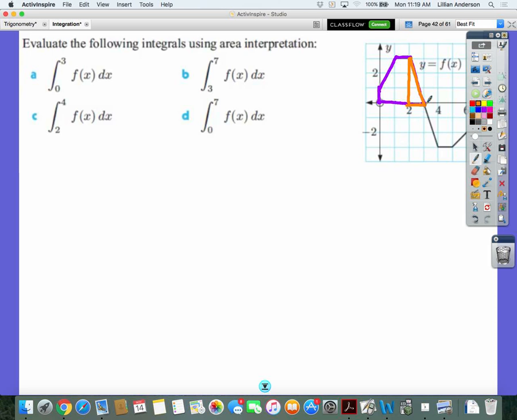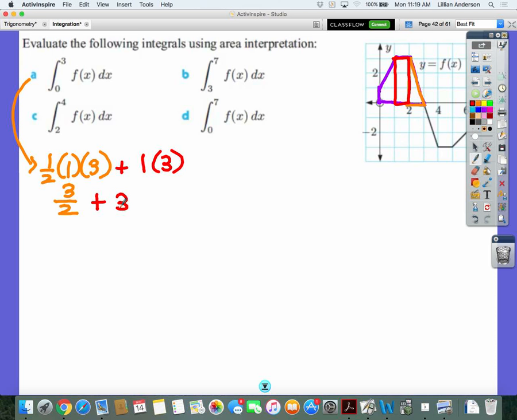What's the area of that triangle? 1.5, yes, because normally it's 1/2 your base, which is 1, times your height, which is 3. Now you also have your rectangle, and the formula for a rectangle is base times height, so that's 1 times 3, which is just 3.